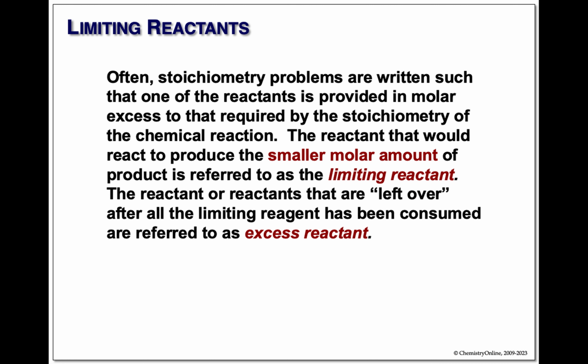You do everything twice. Decide which one gives the smallest theoretical yield, and we call that the limiting reactant, because it limits how much stuff you make. We're not going to do real limiting reactants here. We're going to do just the concept, okay? So just the concept. You can wait for general chemistry for the torture.